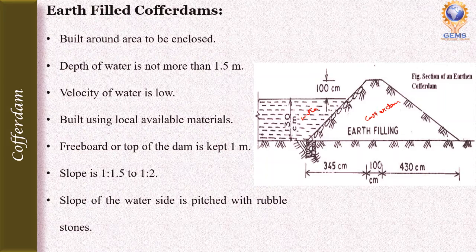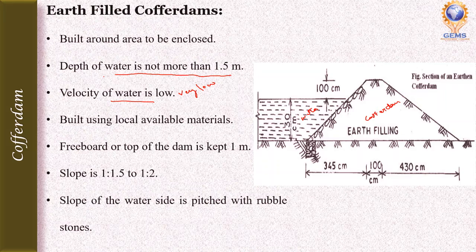The earth-filled cofferdam is constructed in places where the depth of water is not more than 1.5 meters and the velocity of the water is very low. The velocity is very low and the depth is not more than 1.5 meters, so we will go with the earth-filled cofferdam.